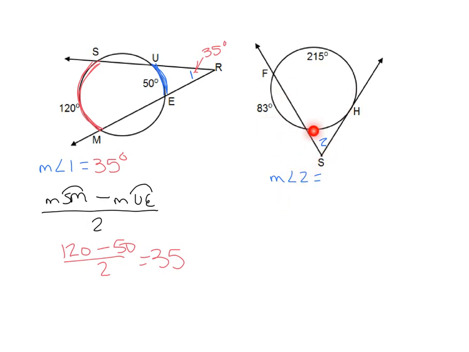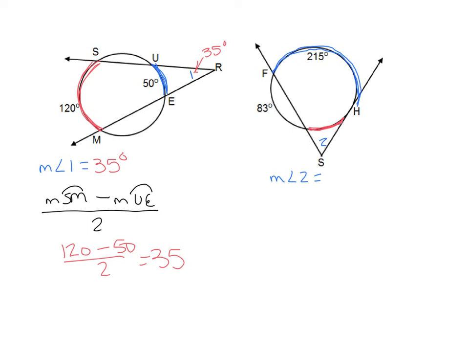Now, again, we're looking for the measurement of angle 2, which is this angle right here, my exterior angle. And I need to locate which arcs are intercepting that exterior angle. First one I get is this one here, FH. All right, and then the second one is this one right here in red.